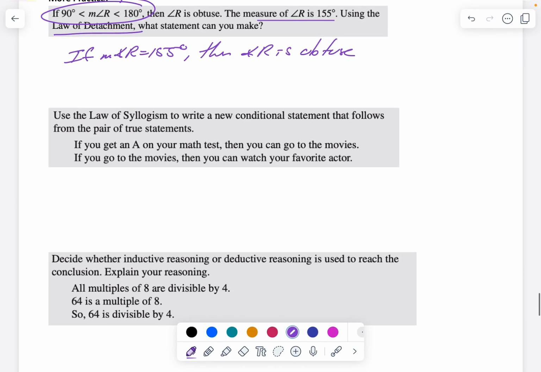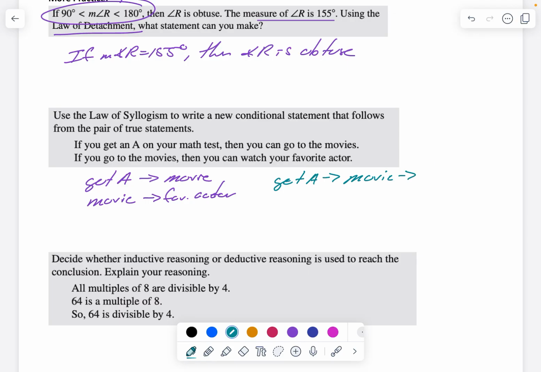The law of syllogism, to write a new conditional statement that follows. Okay, get A, then you can go to the movies. If you go to the movie, then you can watch your favorite actor. So notice that we could write this chain of reasoning. Get A means movie, which means favorite actor.